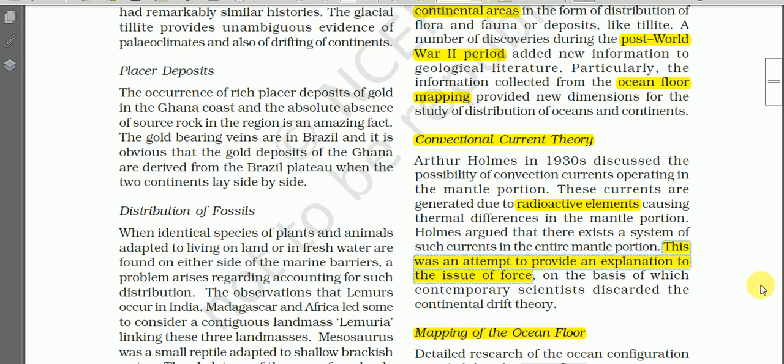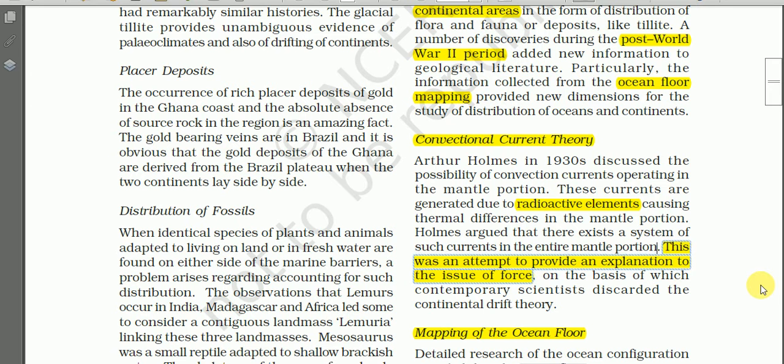Actually, continental drift theory was one of the most widely accepted theories based on the evidence, the most acceptable one. But when we talk about the forces for the drifting of the continents, Alfred Wegener did not explain properly about it.